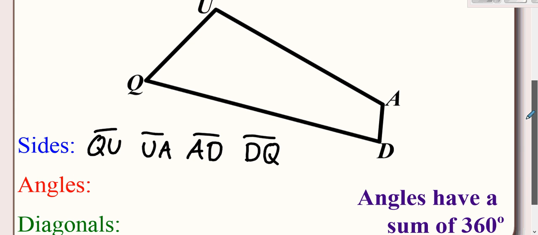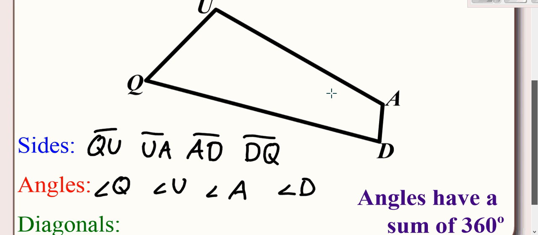It also has four angles. Each of those is an angle: angle Q, angle U, angle A, angle D. One thing we're going to be doing quite a bit with in this unit, all about quadrilaterals, is talking about diagonals.